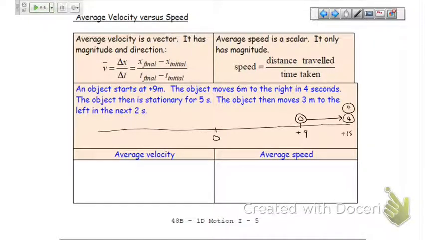So let's just do that. It didn't move, so don't move it. But we've got a different clock. And then the object then moves 3 meters to the left in the next 2 seconds. So 3 meters to the left. That means I'm at +12. And it took 2 seconds, so that's going to be 11.